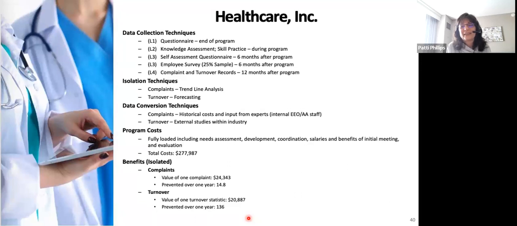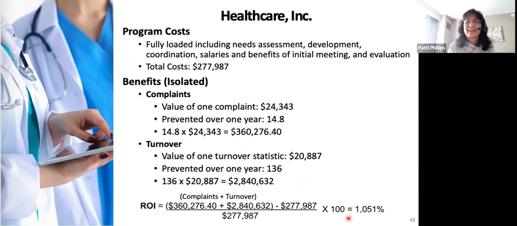It's right there. Close. Yes, it is close to 1,000. Does anyone want to pop it in? Very good. There you go. 1,051%. Huge. That is a huge ROI, folks.